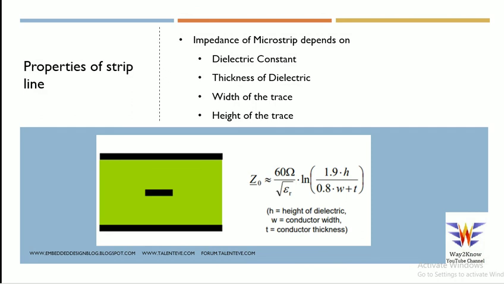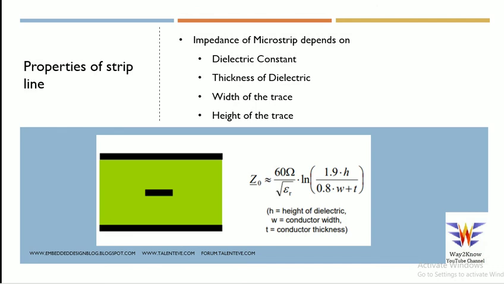Similarly for stripline, the characteristic impedance again depends on similar characteristics: dielectric constant of that PCB material, thickness of that dielectric, and then width of the trace, height of the trace. The only change is how impedance is going to vary when we route the signals as a stripline and microstrip line.